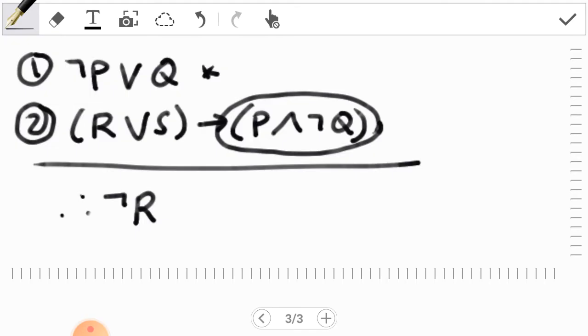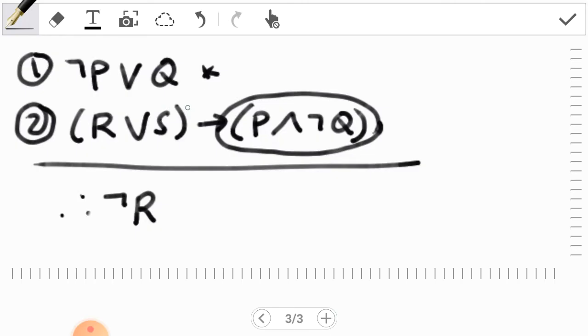And in your list, modus tollens has a conditional statement, and then the second premise is a negation of the second proposition of the first premise. Okay? So, if we will use modus tollens, go now to your list of modus tollens.